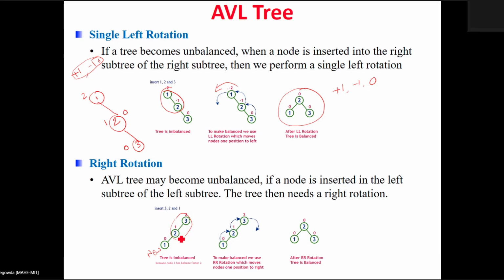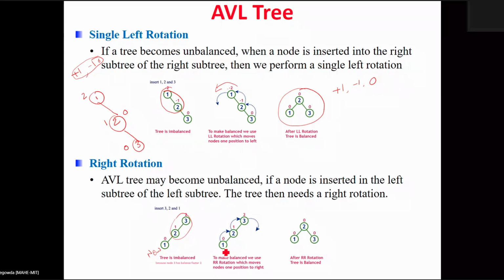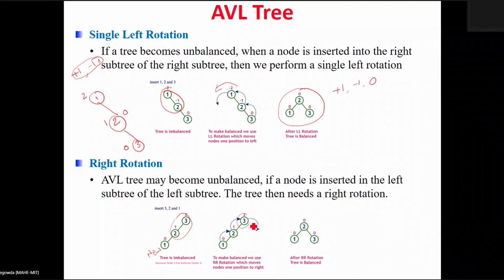In order to balance this, we use the right rotation. When you do the right rotation, the 2 is going to become the root node and the node 3 is going to become the right child of 2. After rotation, the balance factors of all the nodes are 0, so now the tree is balanced.